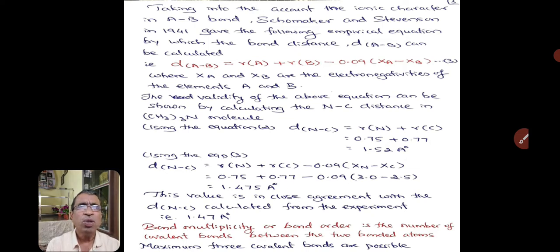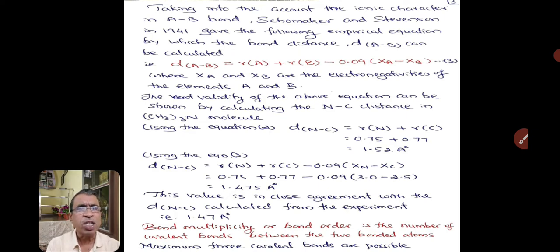Using Stevenson's equation, 0.75 plus 0.77 minus 0.09 times the electronegativity of nitrogen, which is 3, minus that of carbon, 2.5, we get 1.475 angstrom. This value is in close agreement with the experimentally determined D_NC, that is 1.47 angstrom.